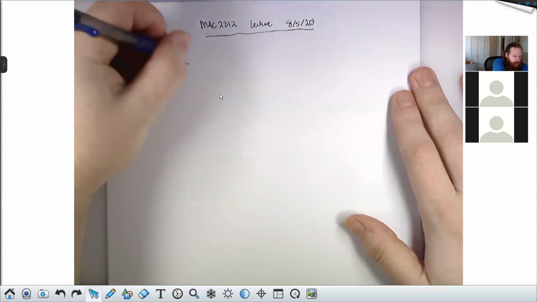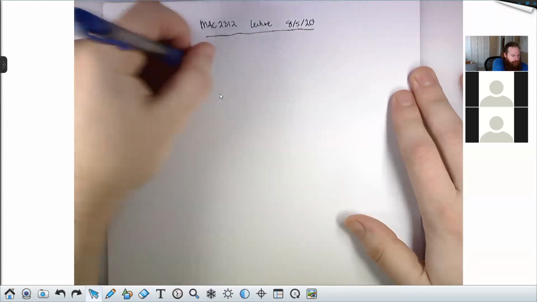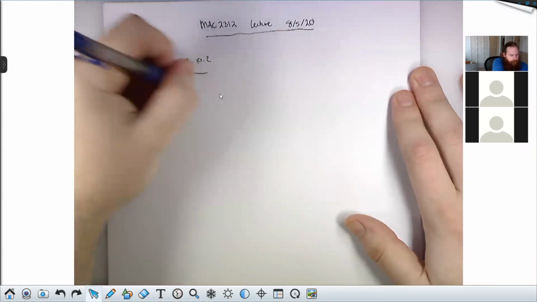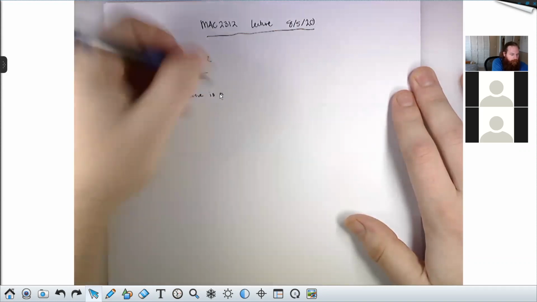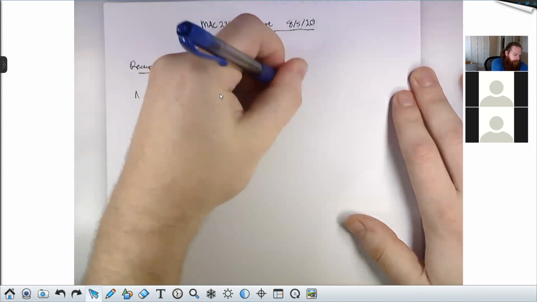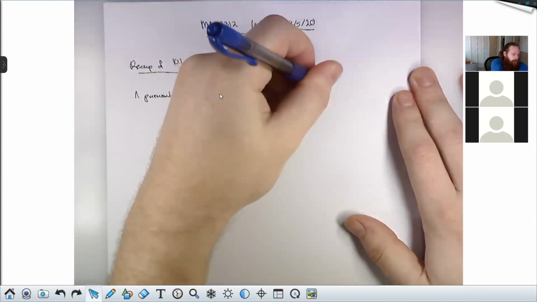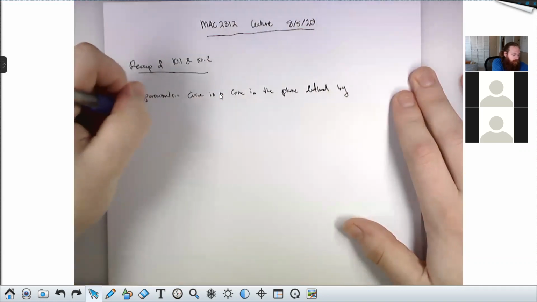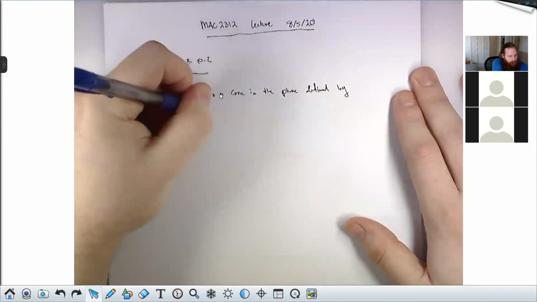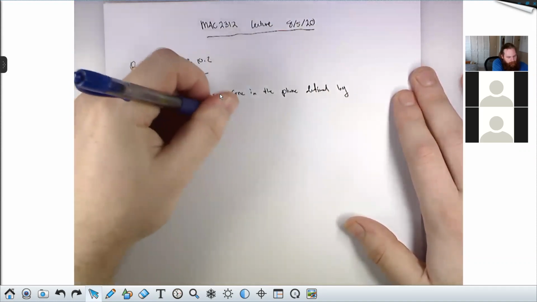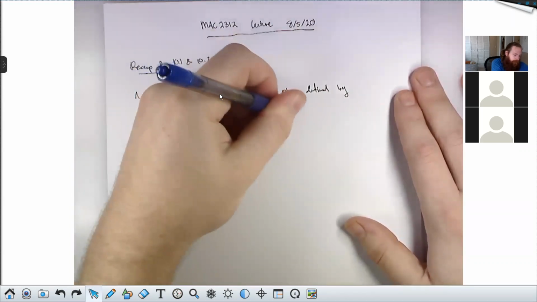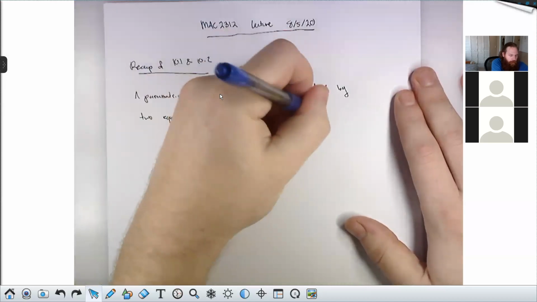of 10.1 and 10.2. A parametric curve is a curve in the plane defined by not one, but two equations in terms of a parameter, which is just another word for variable.